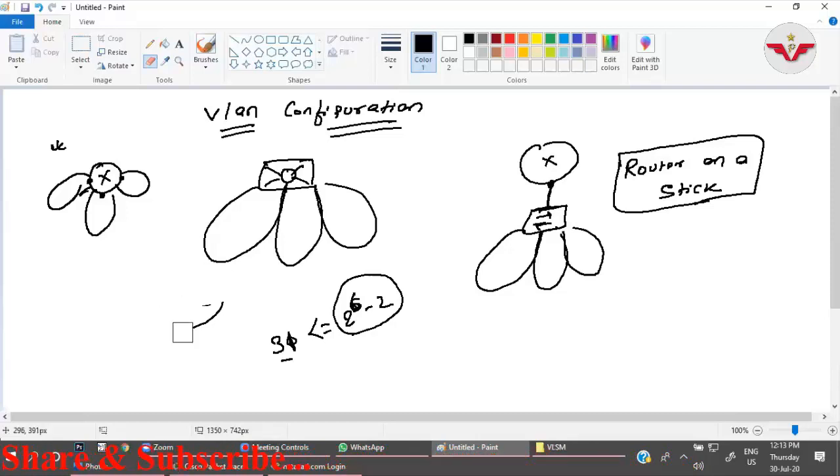That is another thing, like there is no reserved IP. If you get any extra PCs on that network, then you have to change the network. That is a different thing. But as per the rules, if it's less than or equal to 2 to the power n minus 2, then we will go for that only.